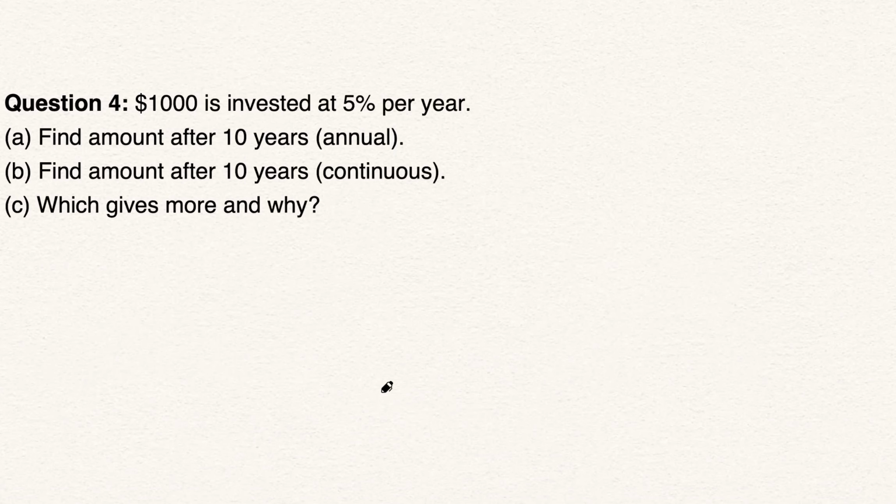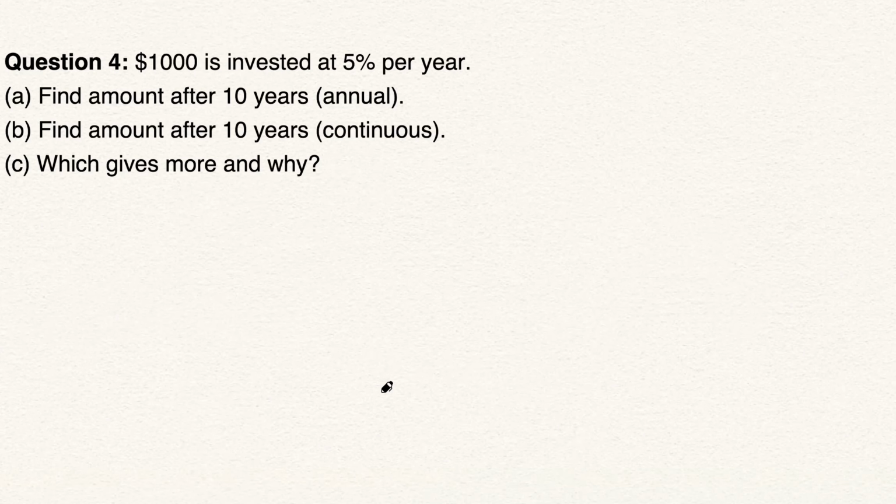Let's come to question number 4. Now, this question tells us $1000 is invested at 5% per year. If this is a question where I have to write every step, okay, let's see. Find the amount after 10 years.